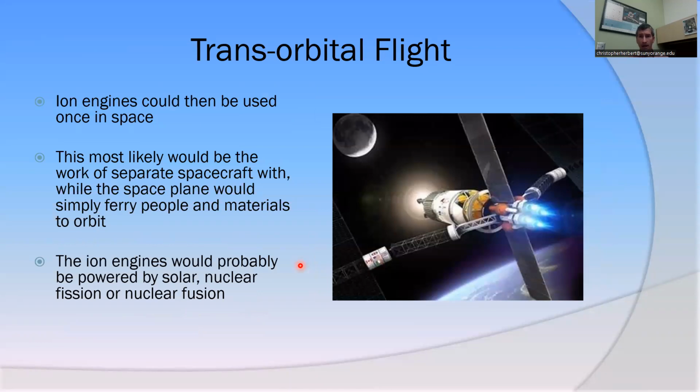For transorbital flight, probably we'll see eventually getting away from chemical rockets. Once we have payloads in orbit, we're probably going to have to rely on some type of ion engine. And this ion engine will probably not just be powered by solar panels. It'll probably be powered by denser sources of energy, such as nuclear energy.